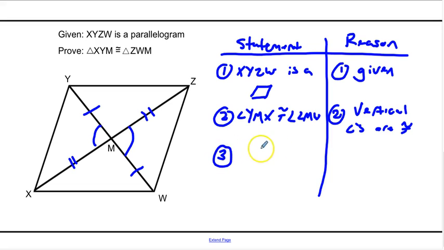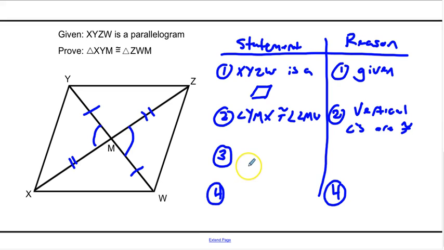Let's keep moving. Step 3. Now check this out. I know what you want to write. You want to write YM is congruent to MW and ZM is congruent to MX, and you're right there. That's actually going to be our step 4. Okay, we're not there yet.